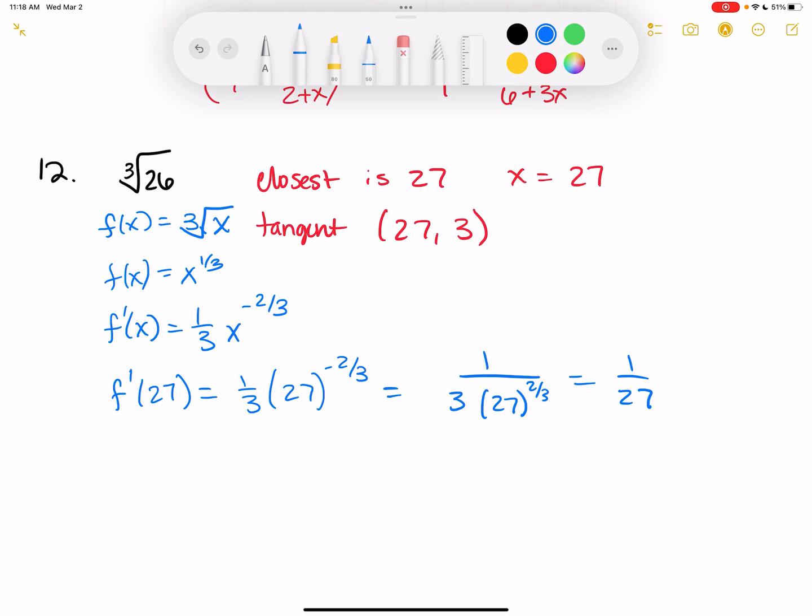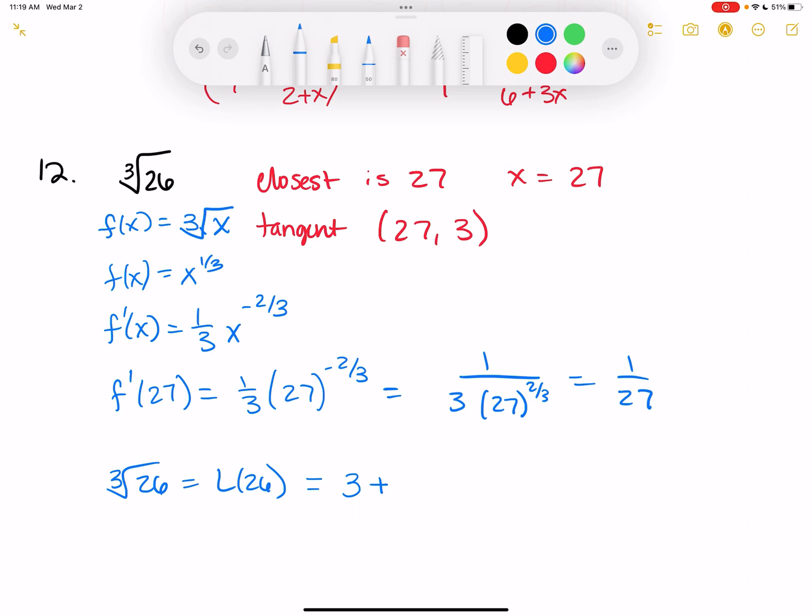So 1/27th. What we're going to do now is a linearization for the cube root of 26. So we're going to do L of 26. It's going to be 3 plus, because that is f of a.